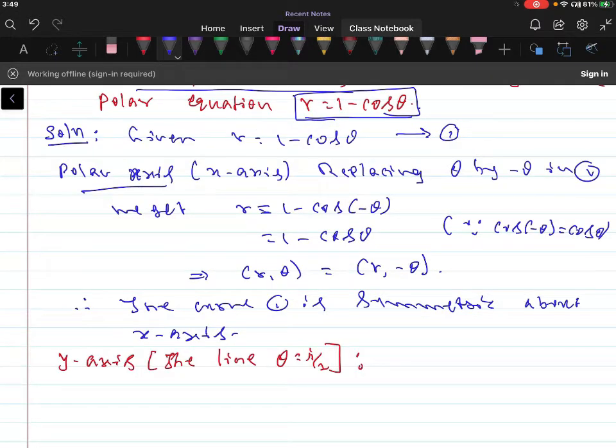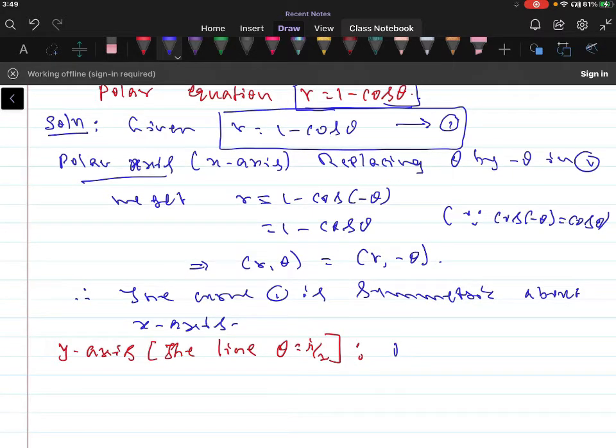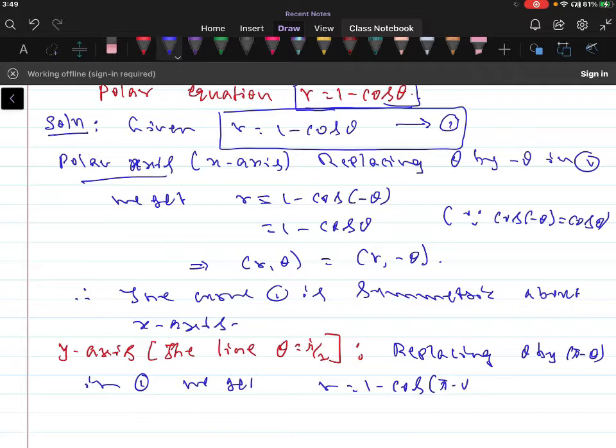Now let us verify whether equation 1 is symmetric about the y-axis or not. So just by replacing theta by pi minus theta in equation 1, we get r is equal to 1 minus cos of pi minus theta.